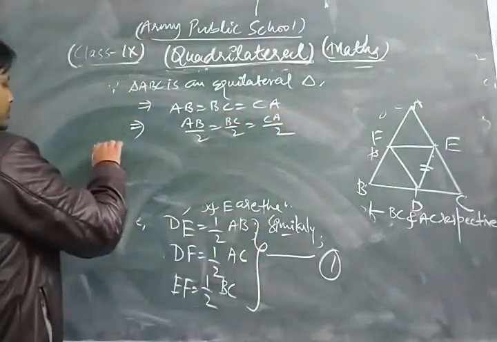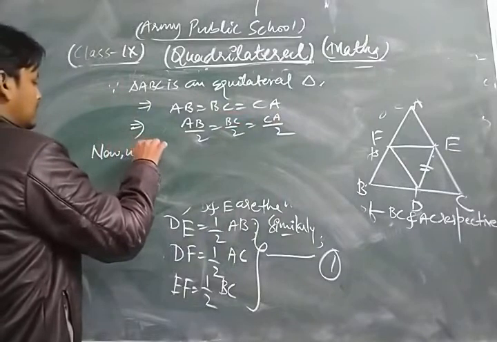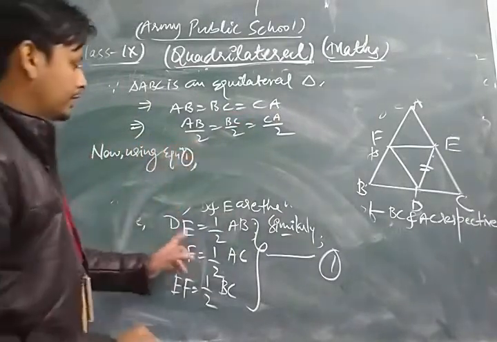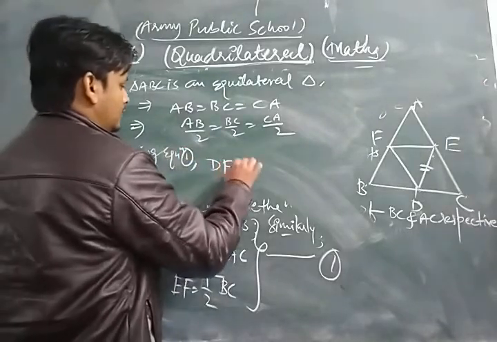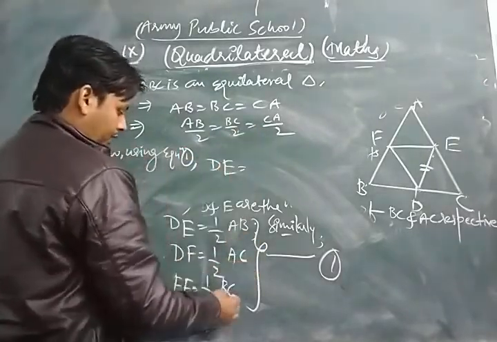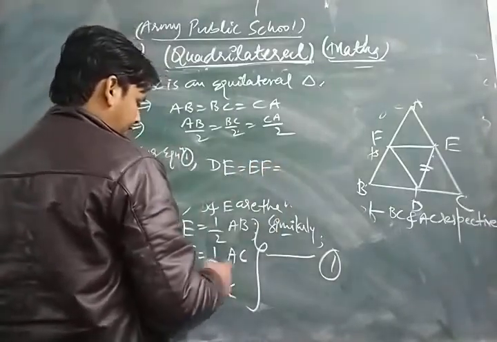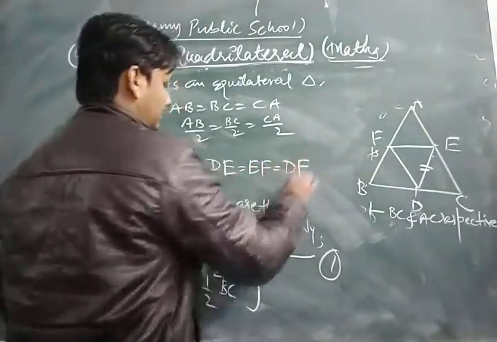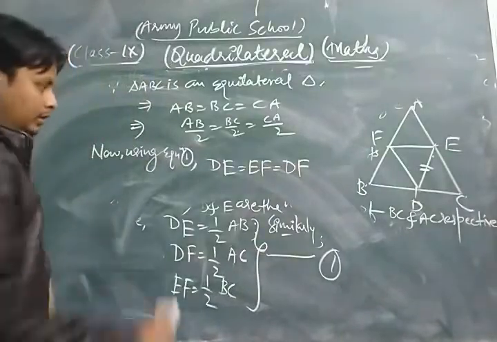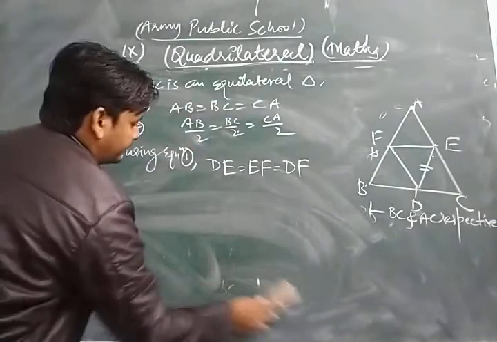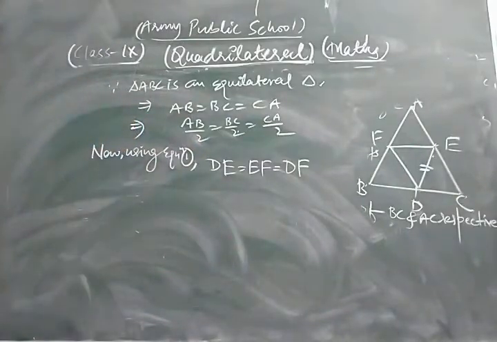Now using equation 1, half of AB we can write as DE, half of BC as EF, and half of AC as DF.